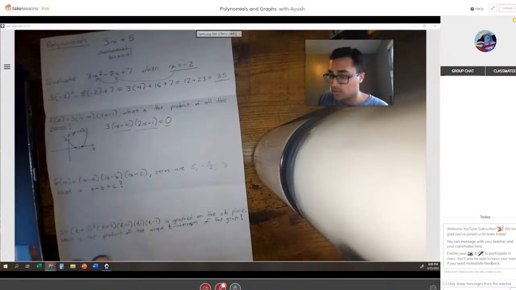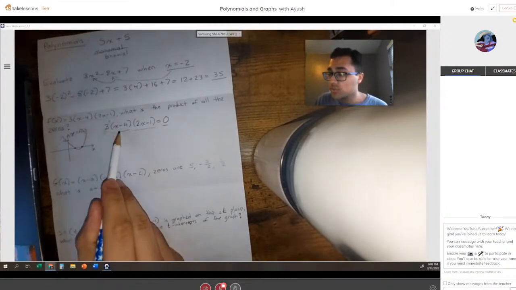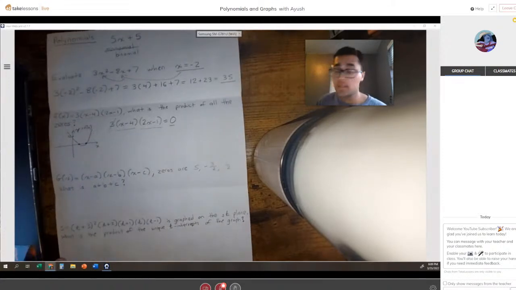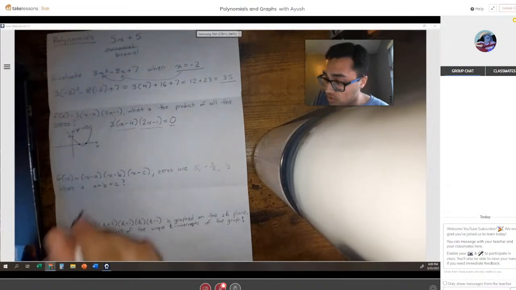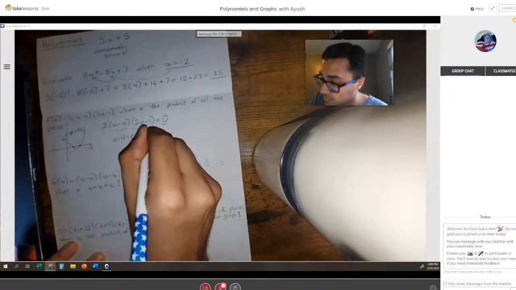So we just cross that off. And the reason I could do that is you could imagine manipulating this equation and just dividing by 3 on both sides. Now, either x minus 4 equals 0 or 2x minus 1 equals 0, or both. But in order to solve, we could just solve these 2 simple linear equations.